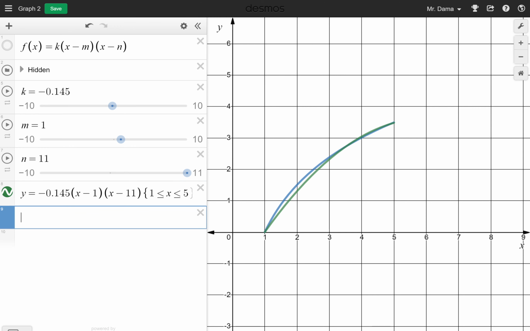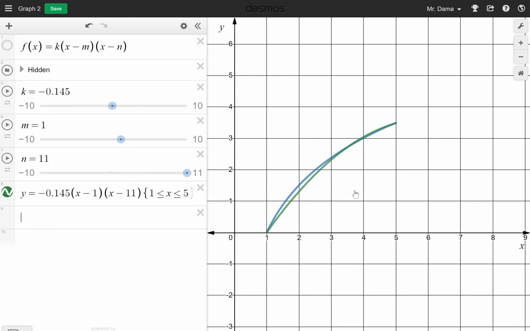And would you look at that? This is my model. The green line models the blue line, and that's a fairly cool model. And is it perfect? No. But that's what I'm trying to do here. I'm trying to model something, and we'll see.